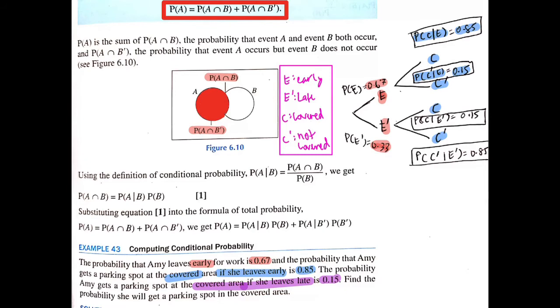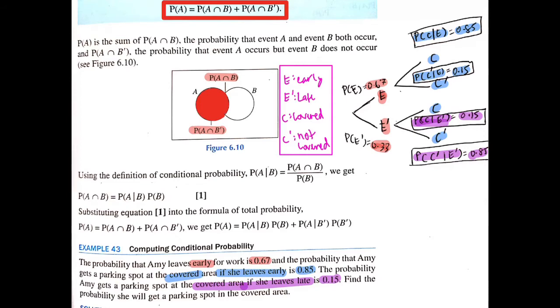Probability of covered if late is 0.15, and we can calculate the other branch, which is the complement, 1 minus 0.15. So the probability of getting not covered if she is late is 0.85. So I finish the tree diagram here. This tree diagram is for the conditional probability of Amy being late or early, and getting a covered parking spot or uncovered.